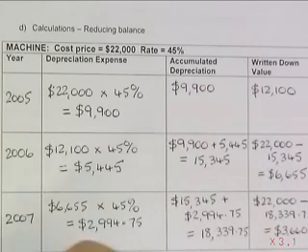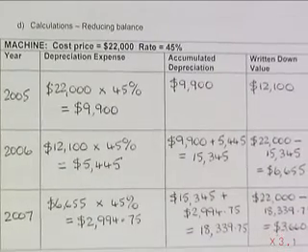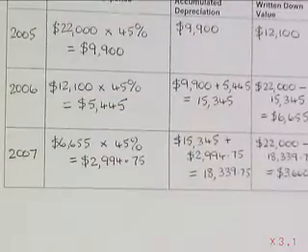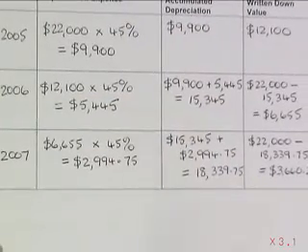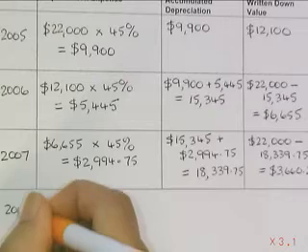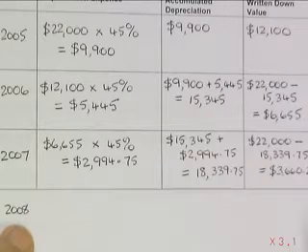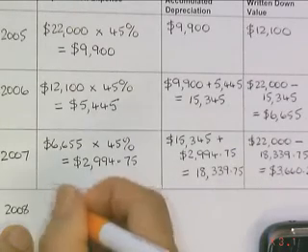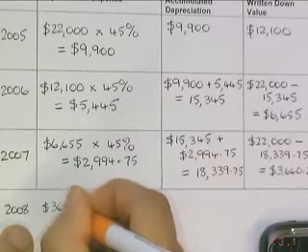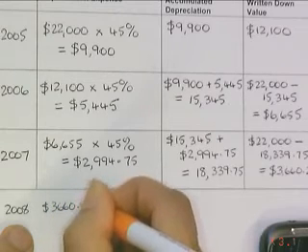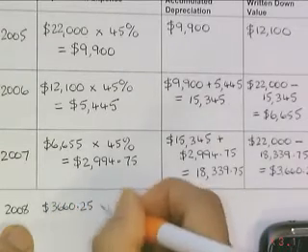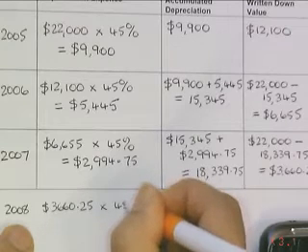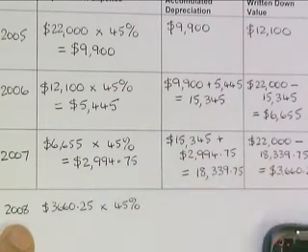The fourth year is year 2008. In this year now, we need to take the written down value from the previous year, which is $3,660.25, and multiply that by the rate of 45%.